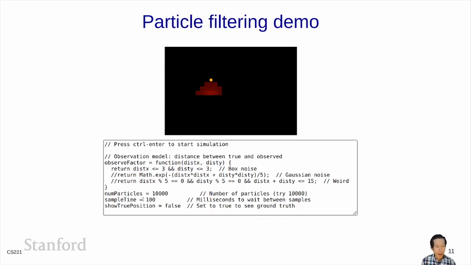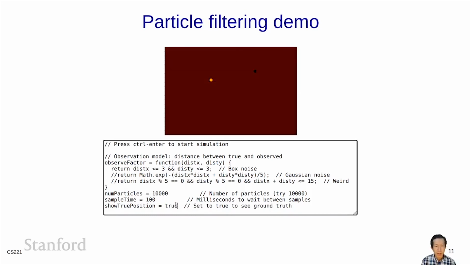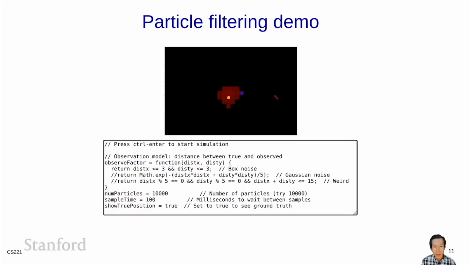Okay, so you can see how well we're doing by showing the true position. So let's see where this object actually is, and we'll see that we're tracking it rather well. Sometimes you'll notice that it might mess up, but on the whole, it's pretty good.